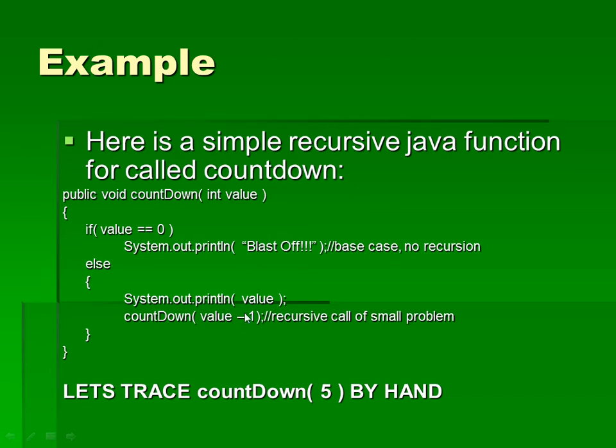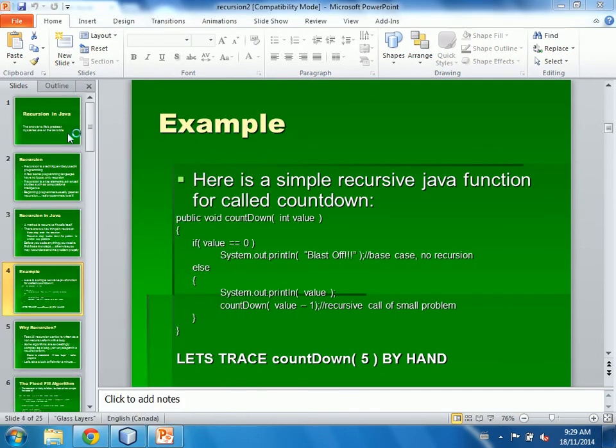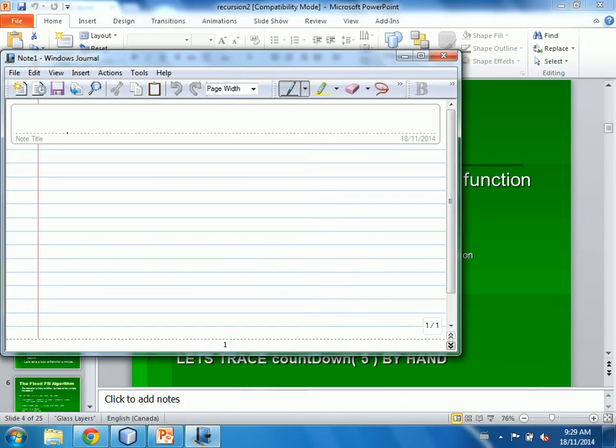So if we wanted to do a quick hand trace, and again, this is a very useful skill if you're trying to think about how recursion actually works, if we do countdown 5, what it's going to do is first print 5, and then call countdown 4.